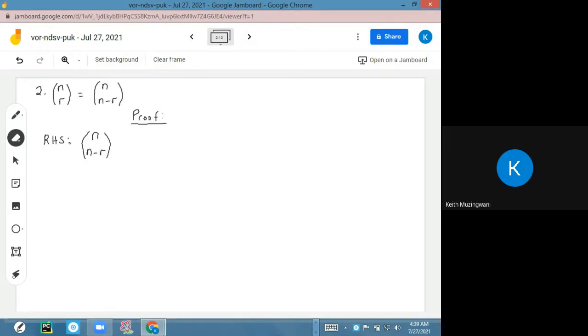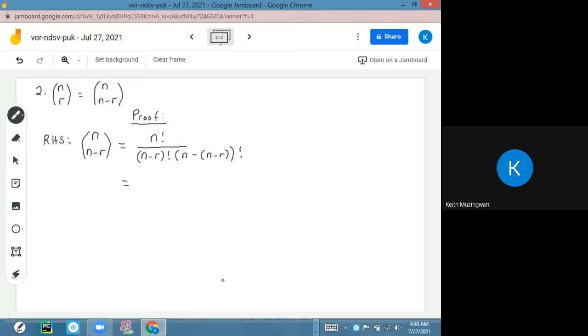What is happening? This is equal to N factorial over N minus R factorial times N minus (N minus R) factorial.